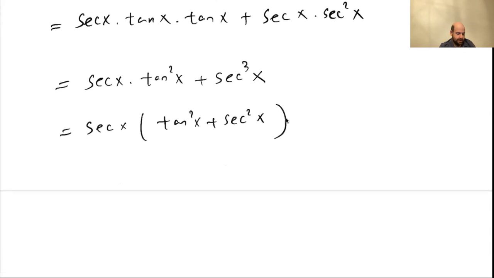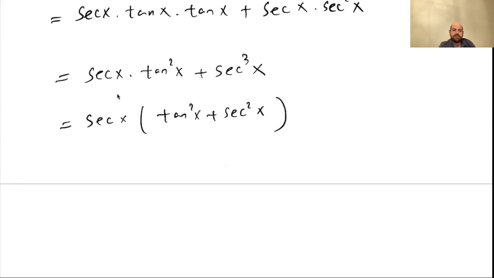And secant squared x, because I took one secant x as a common factor from secant cubed, so if I take secant x out, secant squared will be left. And secant squared is 1 plus tan squared, so I can replace this with tan squared x plus 1 plus tan squared x.